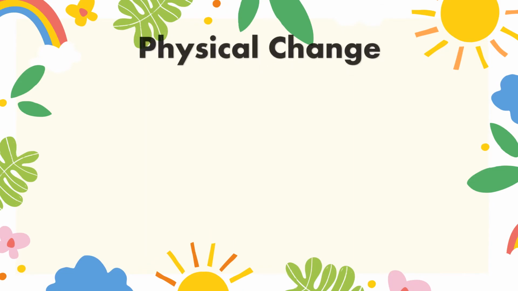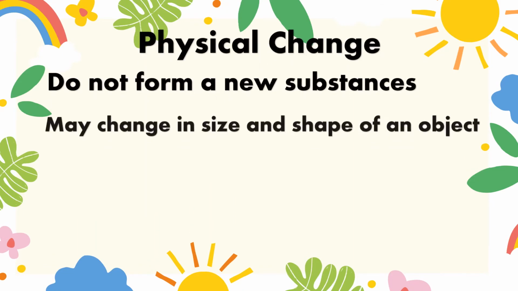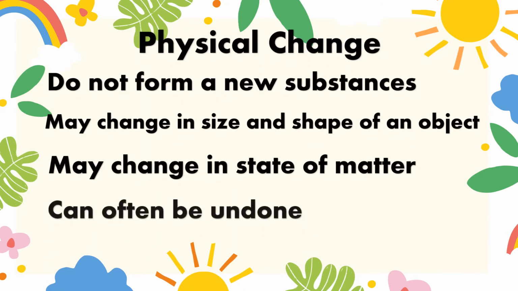In physical changes, no new substances are formed. It may change the size and shape of an object. It may change the state of matter and can often be undone.